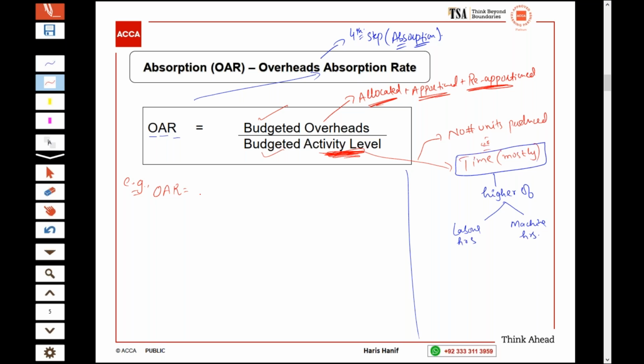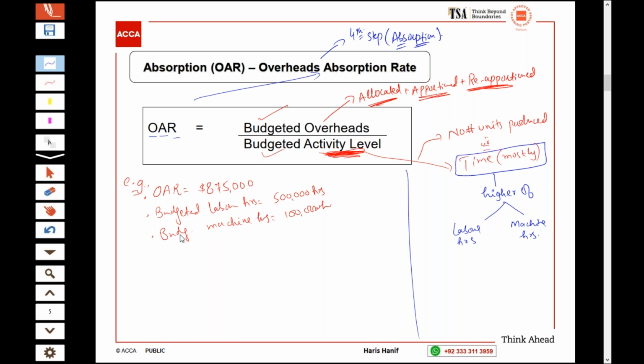So for example the budgeted overheads are let's say 875,000, and budgeted labor hours, for example, are 500,000 hours, and budgeted machine hours are 100,000.